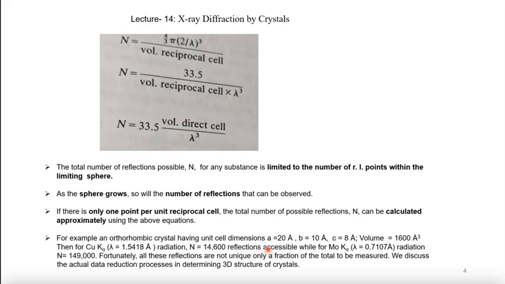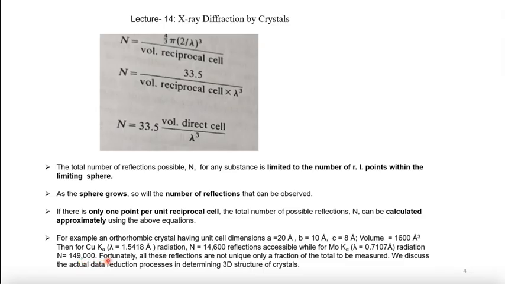If we take a shorter wavelength, say molybdenum K alpha, lambda is 0.7107, and the possible reflections we get are almost 150,000.